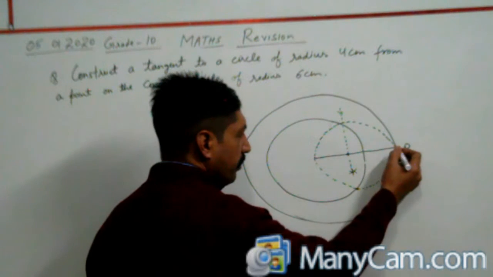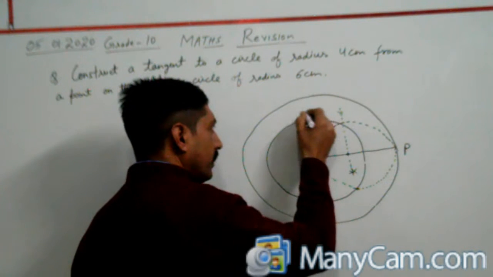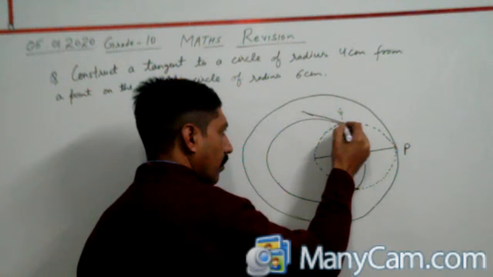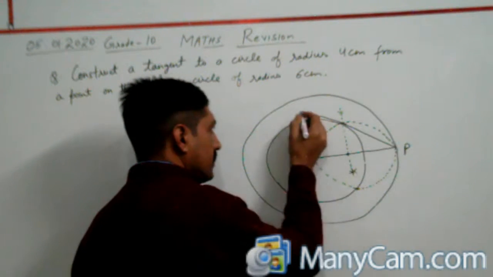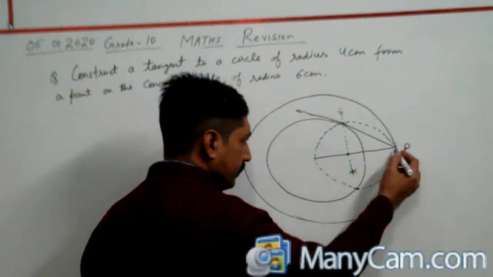Yes, from point P on the outer circle, this is the one tangent, and this is the other one.